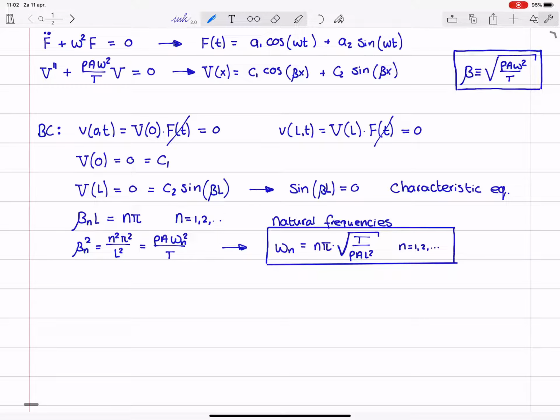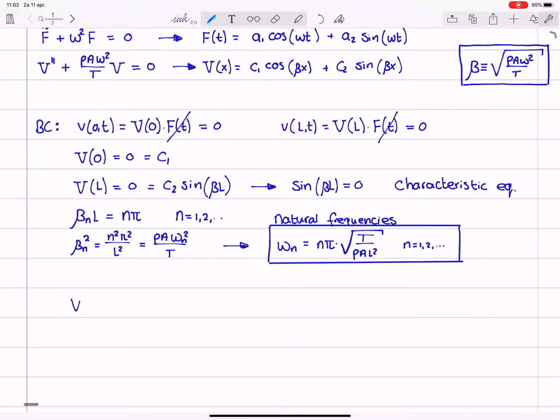As a consequence, capital V n as a function of x can be some arbitrary scaling coefficient that I will call alpha again. And then there can be only sines with a specific argument that solves the characteristic equation. In this case, these are values for beta that are n pi divided by L. So I get sine of n pi x divided by L, and then also for n is 1, 2, and so on.